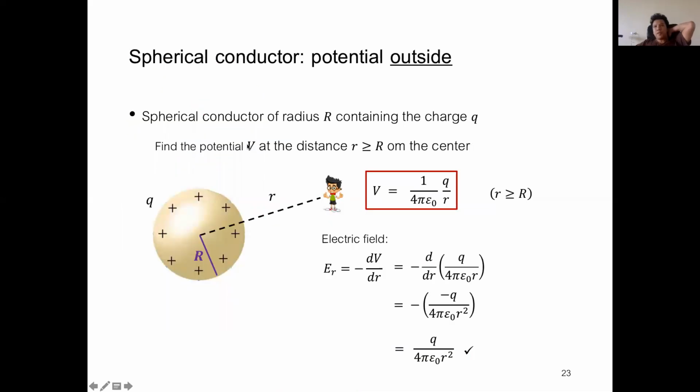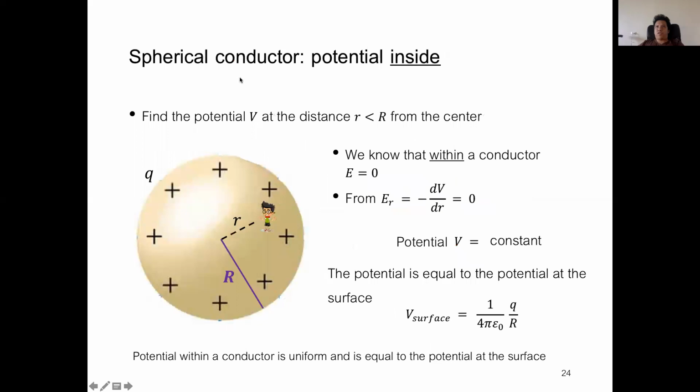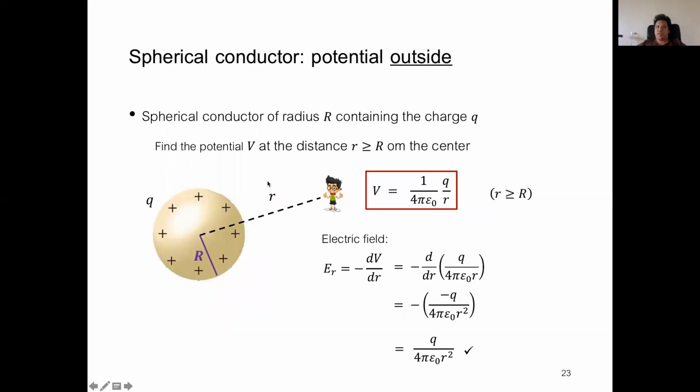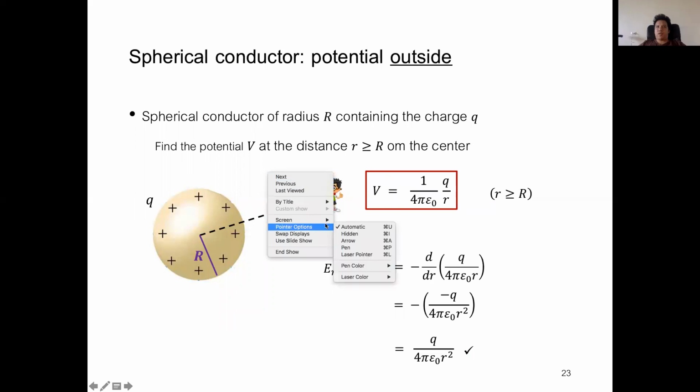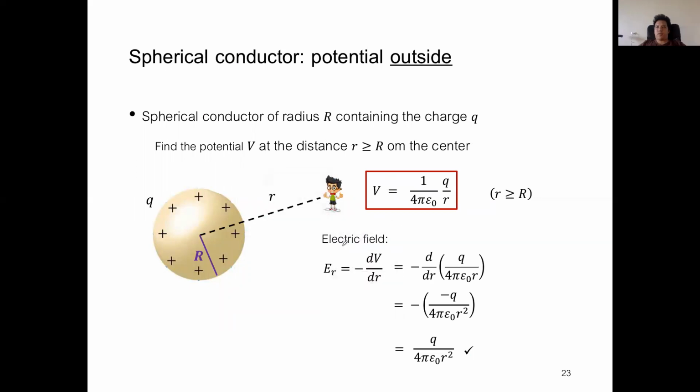Then we come to consider the case of a spherical conductor. We look at the potentials outside and the potential inside. For the potential outside, we consider a little bit of Gauss's law. We create a Gaussian surface outside.